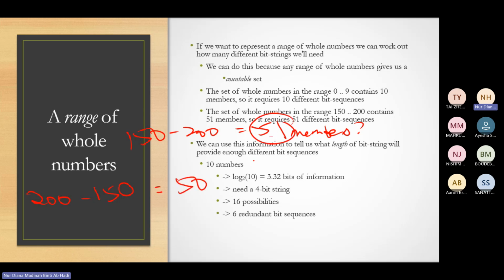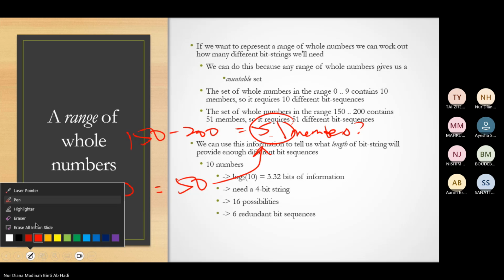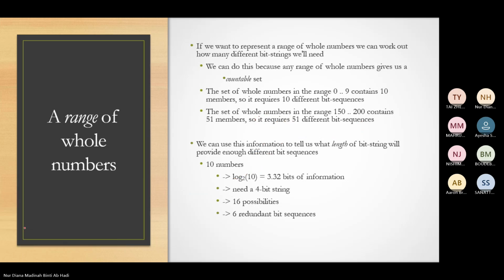How come you have 51 members? Can anyone explain? Okay, if you cannot explain, then I let you figure it out by yourself. I'm not going to waste my time since you don't want to respond.